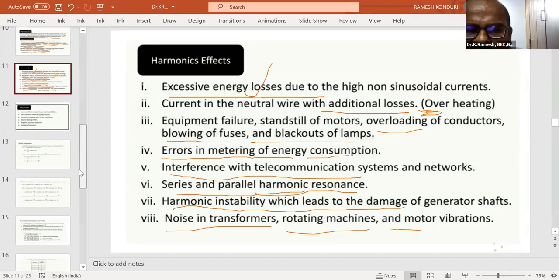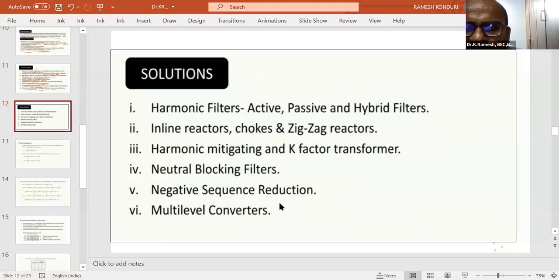Any new model, taking the help of the machines, power systems, power electronics, anything, you can build up a model, and we can generate the harmonics, and we should be in a position to reduce the harmonics by using these solutions.